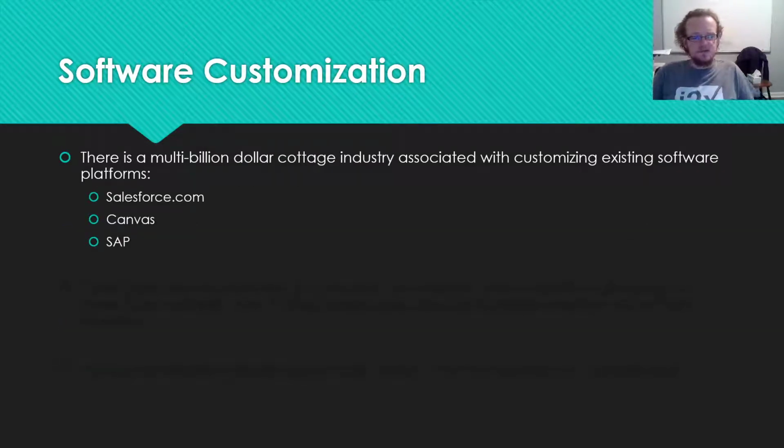So talking a little bit about software customization, there is a humongous cottage industry associated with basically like 15 or 20 core software platforms that are running all over the world. Some examples of this: Canvas is kind of a small fish in this, in my point of view, but you also have extremely large companies like Salesforce.com, you have SAP.